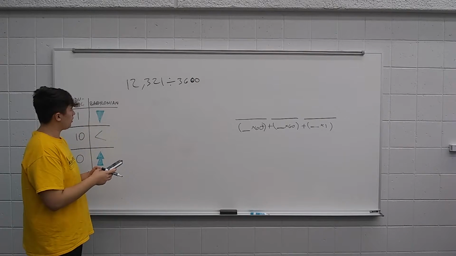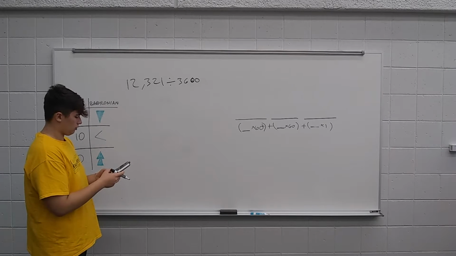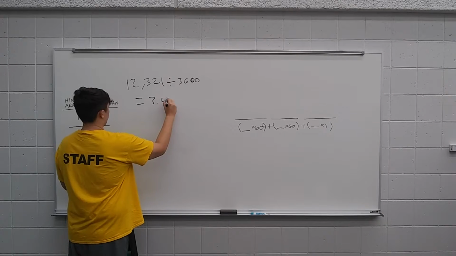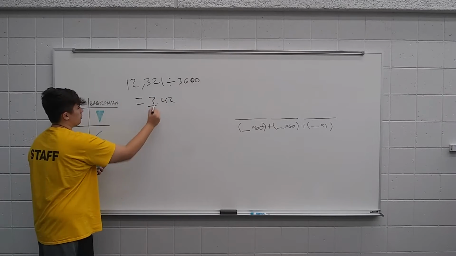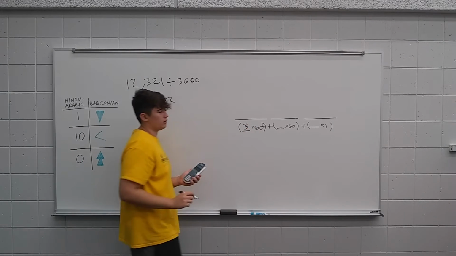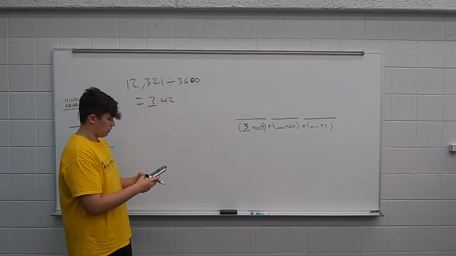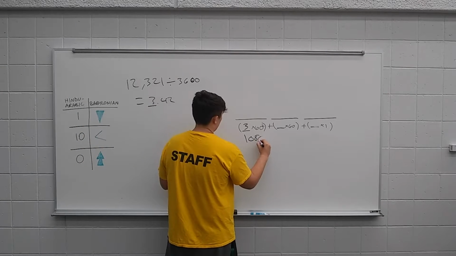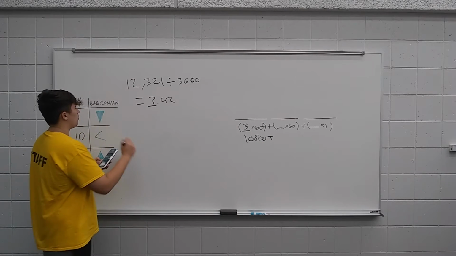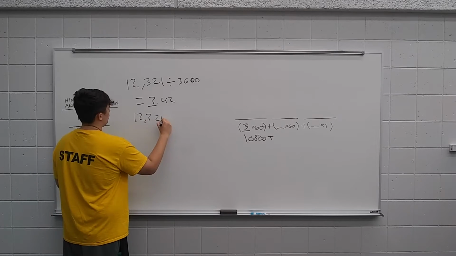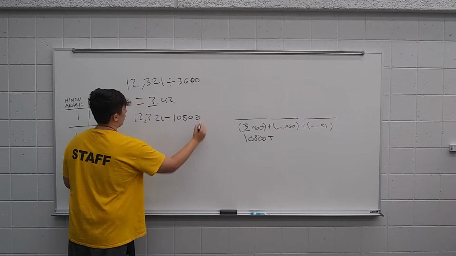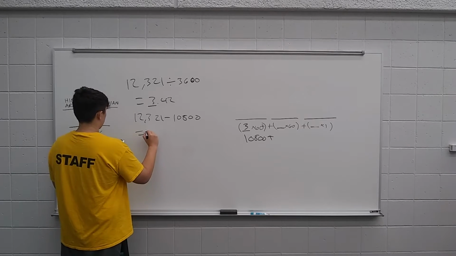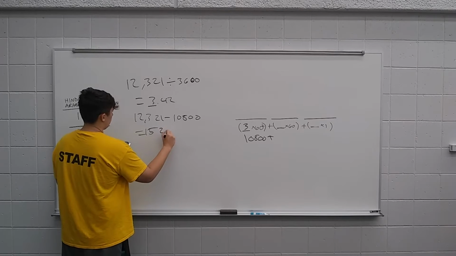That number is 3.42, and now we know that it goes into this number 3 times, and we'll put 3 in this place value holder over there. 3 times 60 squared is 10,800, and then from there we take 12,321 minus 10,800 to find out what we have left. And that is 1,521.